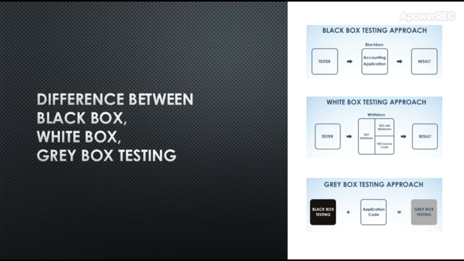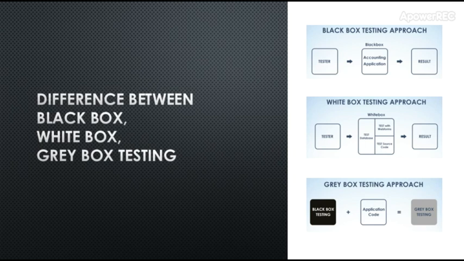White box testing is a software testing method in which the internal structure, design, and implementation of the items being tested are known to the tester. The main objective of white box testing is to check the quality of the code.